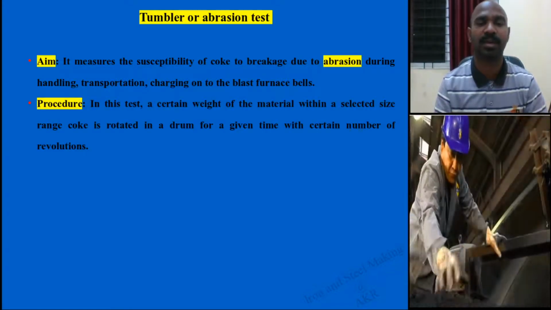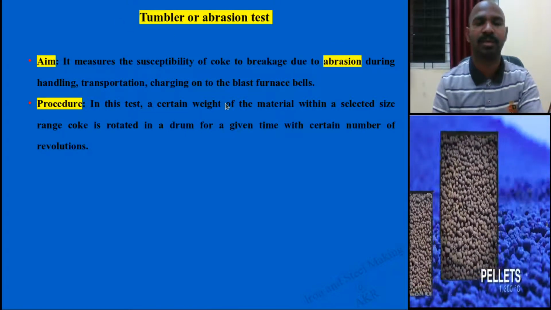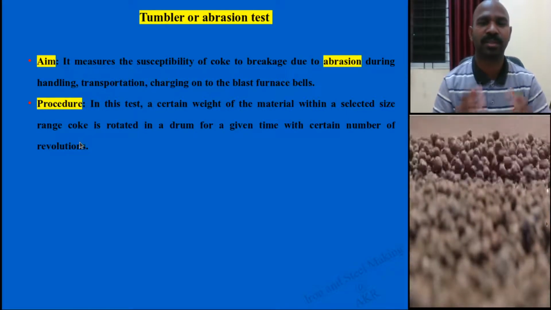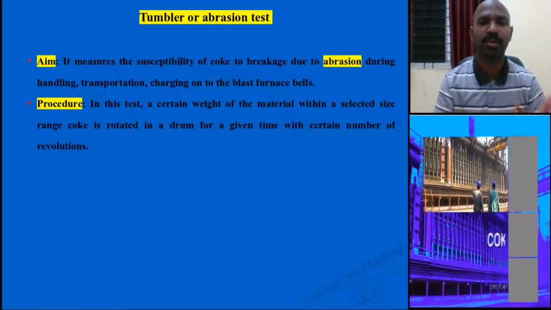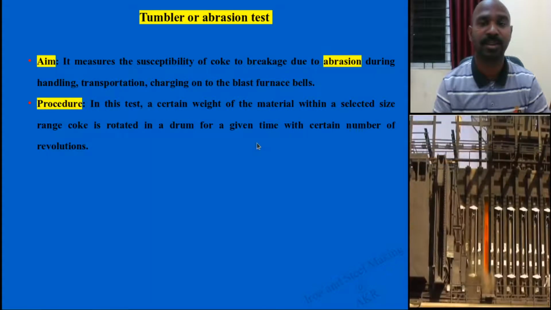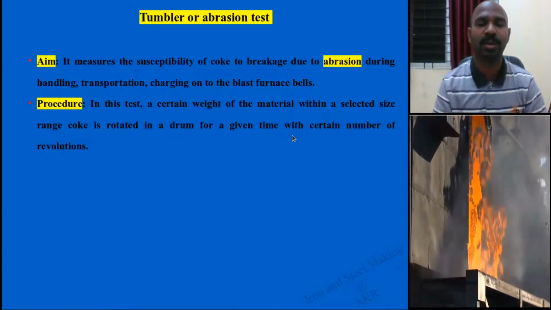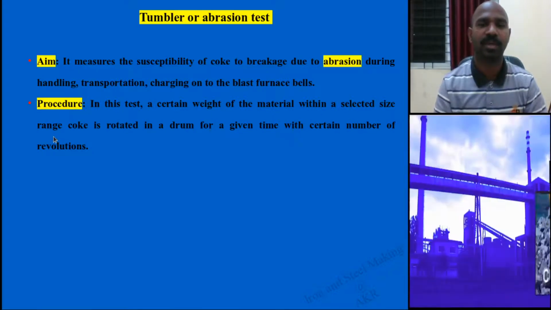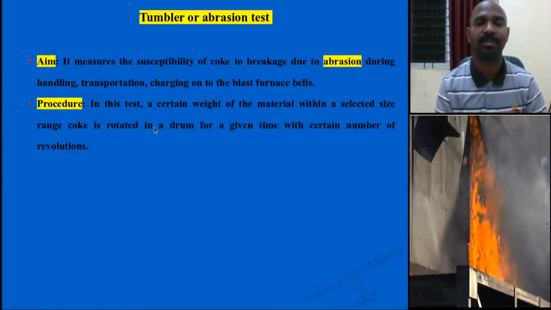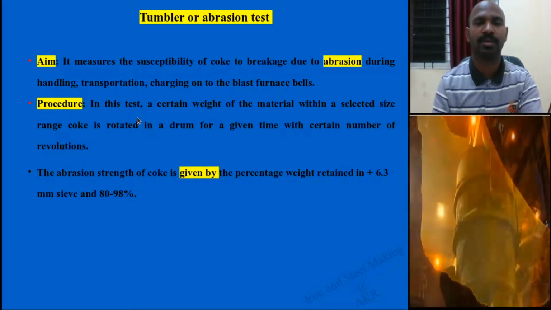The standard procedure is also to select a standard weight, for example 1 kg, with a selected range and uniform size of coke, and rotate it using a drum for a standard number of revolutions, for example 10 times, with uniform size particles.